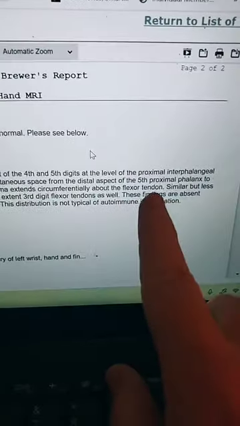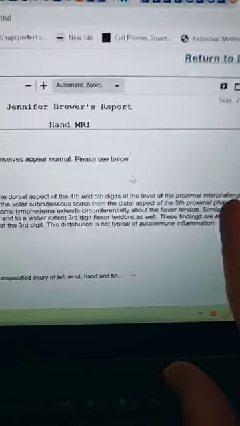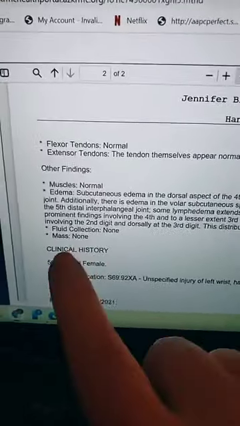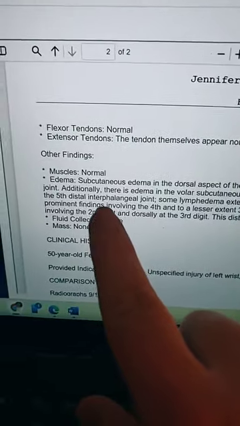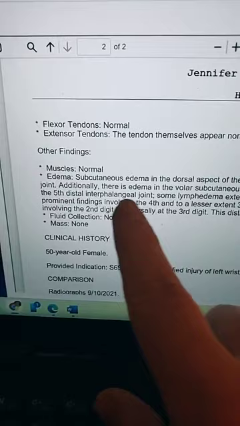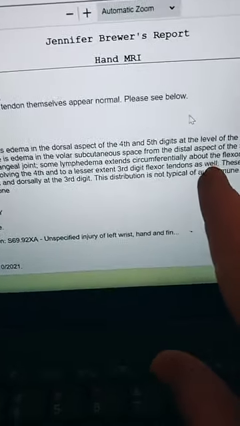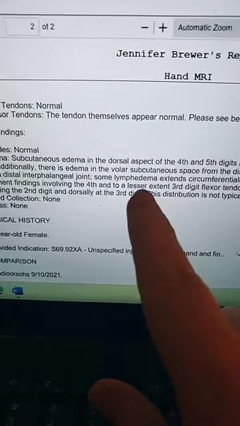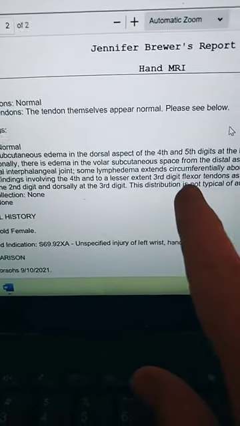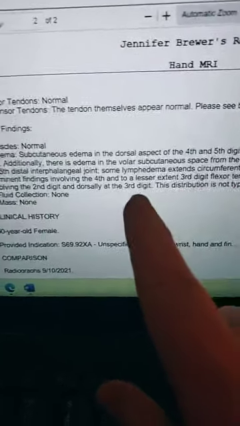So you've got the 5th proximal phalanx finger, right? The 5th distal interphalangeal joint, that's the PIP joint. A lesser extent to the 3rd digital flexor tendon as well.